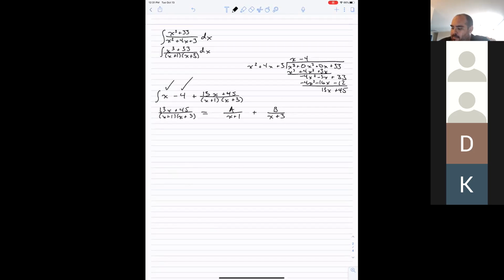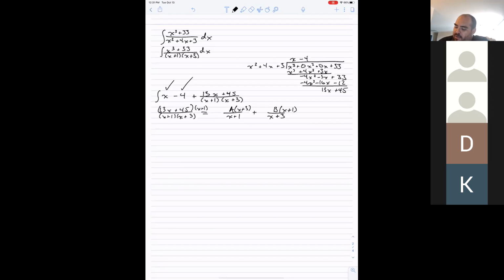Multiply a times x plus 3 and b times x plus 1. Okay. Is that what you meant? So really what we're doing in this process is I'm just trying to clear all the denominators at once.